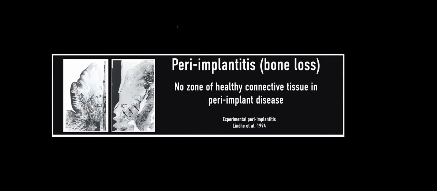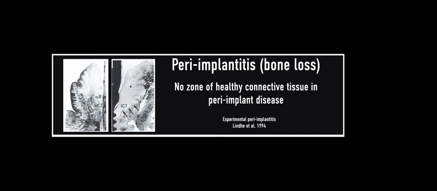So if you take a look at the left picture, this is an experimental periodontitis around the tooth. Between the apical part of the inflamed connective tissue and the bone, there's always a zone of healthy connective tissue which is protecting the bone around the tooth.